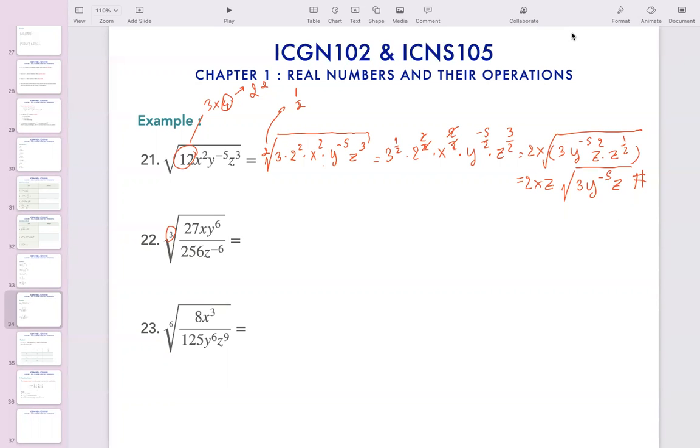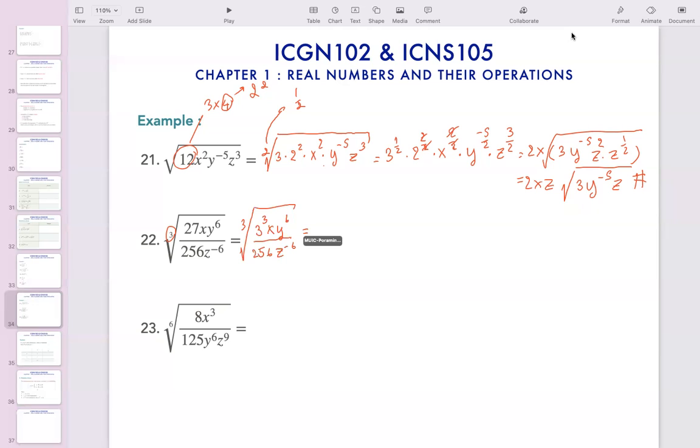So in this one I have the cube root of 3 cubed, since 27 is 3 times 3 times 3, of x y to the 6 over 256, which is equivalent to 2 to the power of 8. I leave it as 256 like this first, and then z to the negative 6.